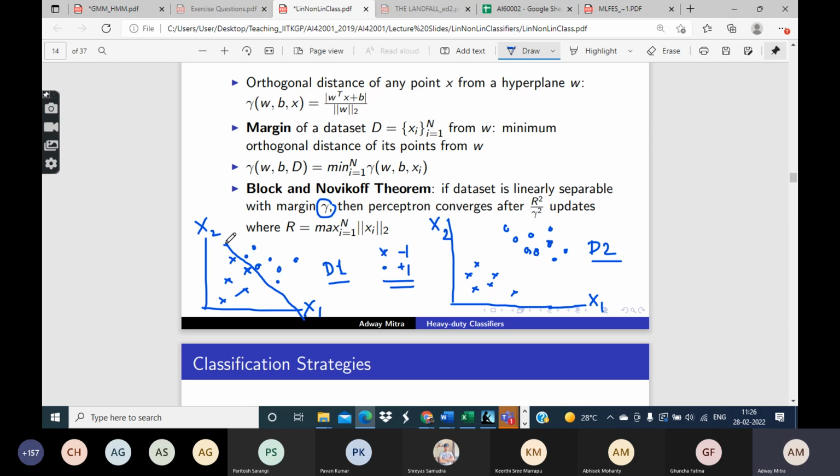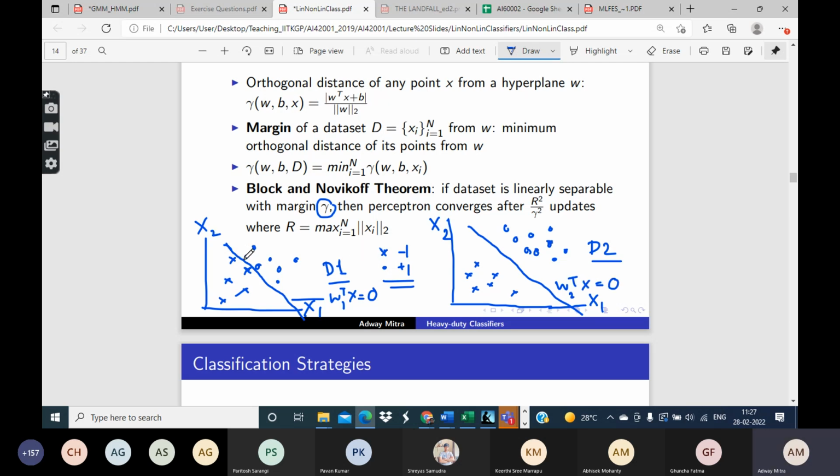This is a line, let us say it is called W1 transpose X equal to 0. And let us consider, in this case, a line like this, the same data, call it W2 transpose X equal to 0.